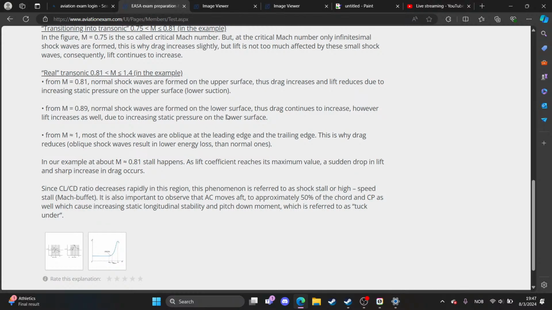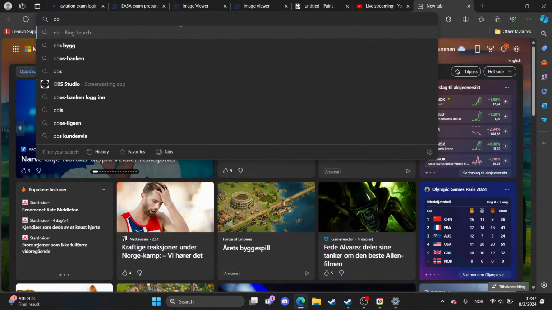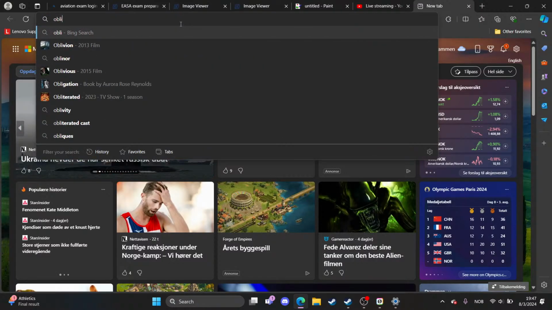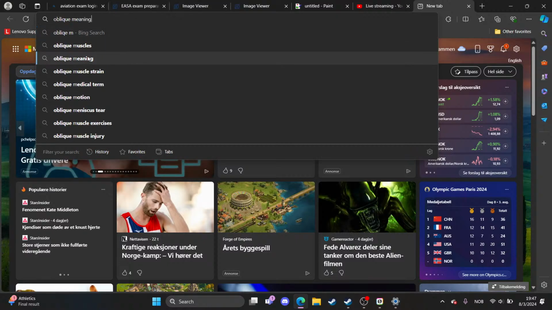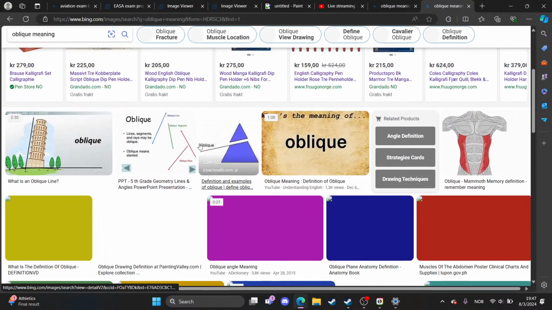Oblique. What is oblique? Meaning neither parallel nor perpendicular. What does that look like?